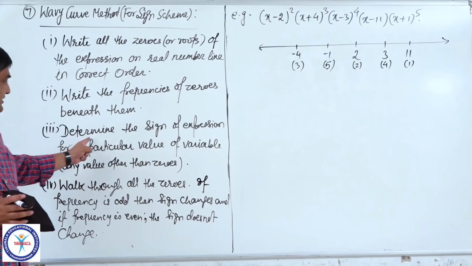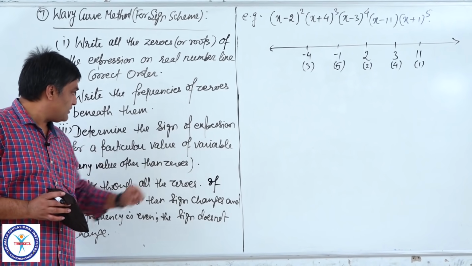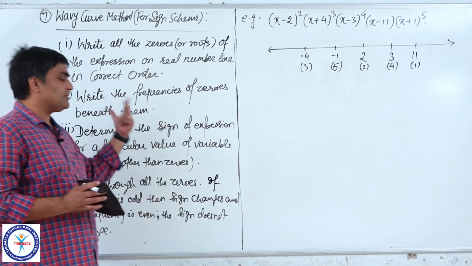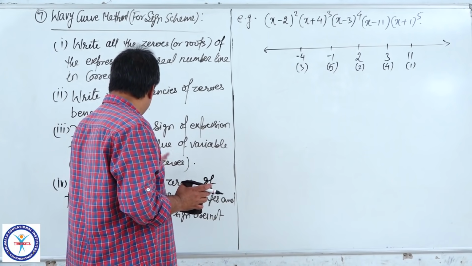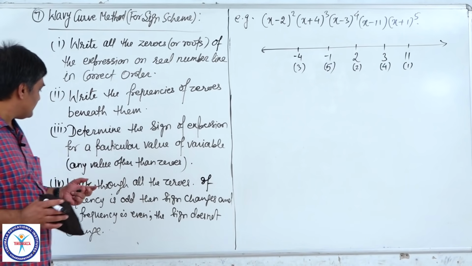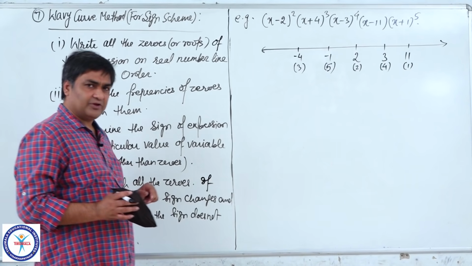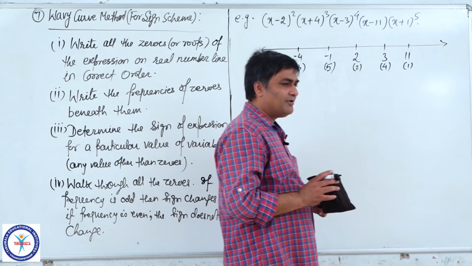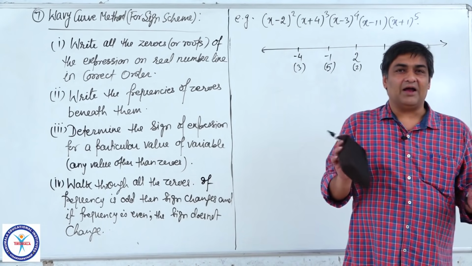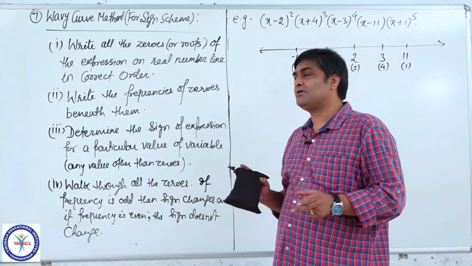Now third, determine the sign of the expression for a particular value of the variable, any value other than zeros. Take the value of your choice.